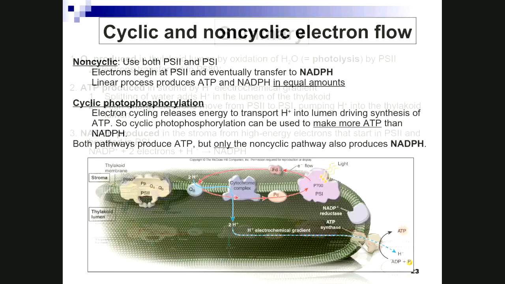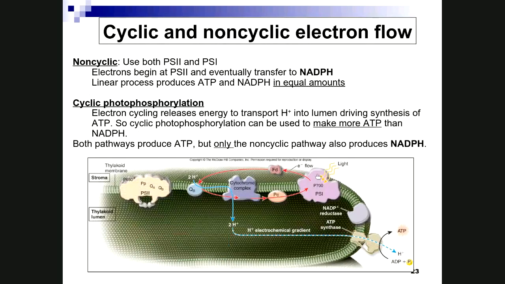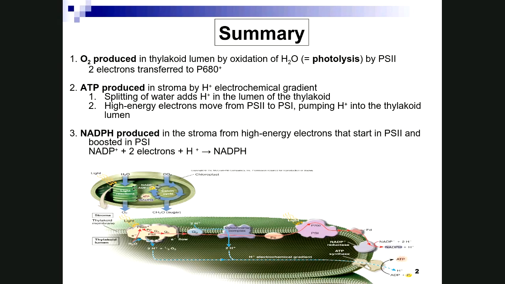All right. Now I have to mention one more thing here before we talk about the Calvin cycle. What I explained to you right now, we call the non-cyclic pathway of the light-dependent reaction. As you know, in this process, we're producing both ATP and NADPH.